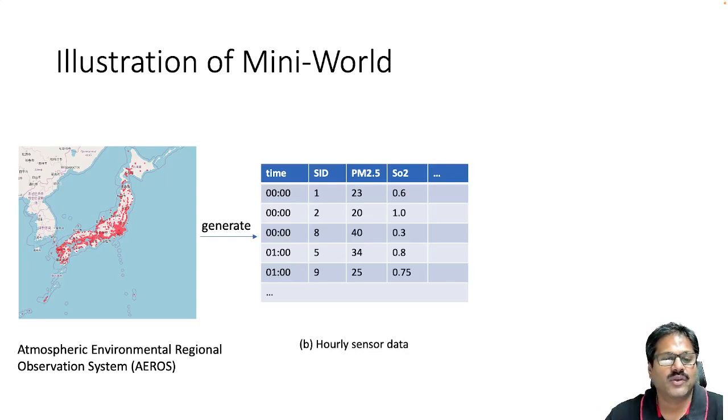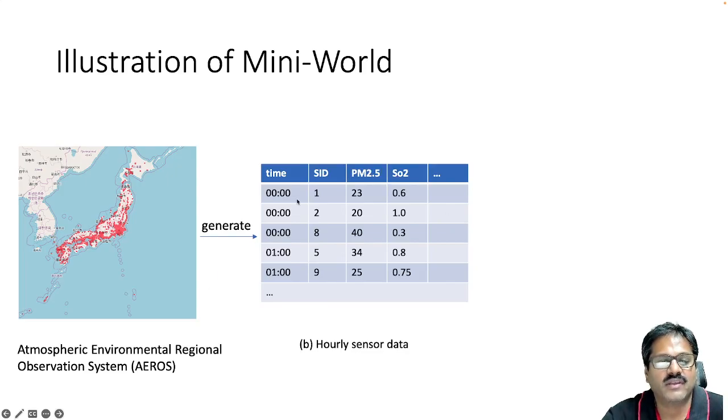You can see here the red dots are the representations of the sensor stations located throughout Japan. Each sensor records various pollutants every hour, for example PM 2.5, SO2, and so on.